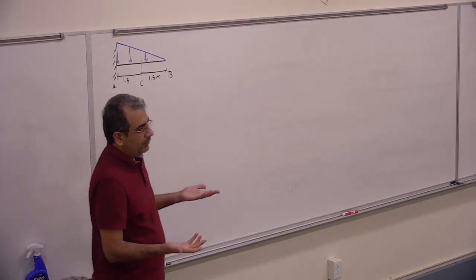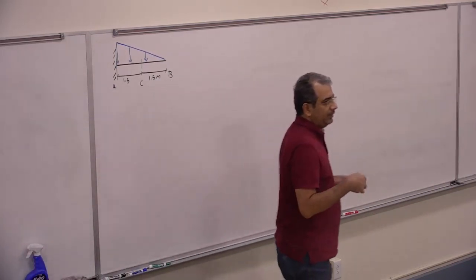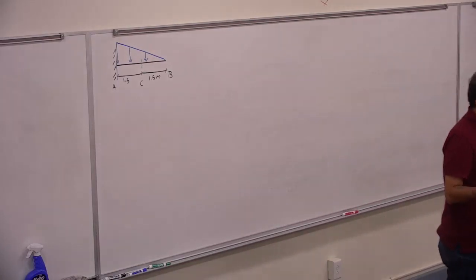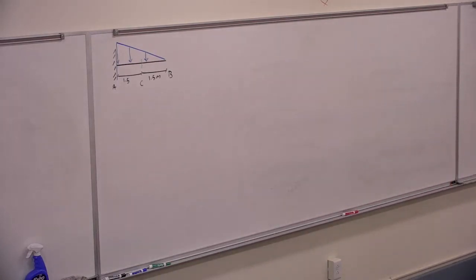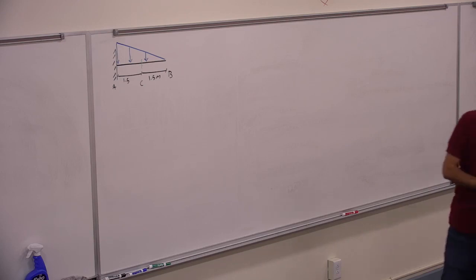So remember, I always said when you want to start, go ahead and find the reaction of the support. So consider the entire body and find the reaction of support. This is one of the examples that actually you don't need to do that. I will show you why.